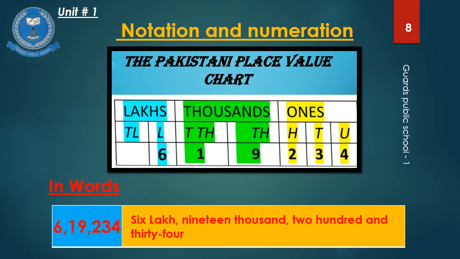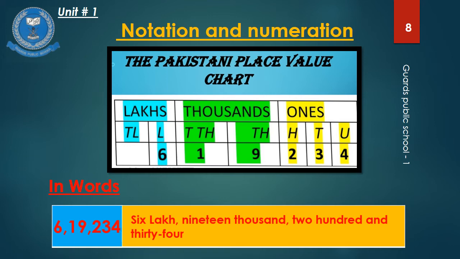In the thousand family or period there are 2 members, that is 1000 and 10,000. In the lakh family or period we have 2 members, lakh and 10 lakh. But as we are learning 6-digit numbers in today's lecture, we will learn till lakh.